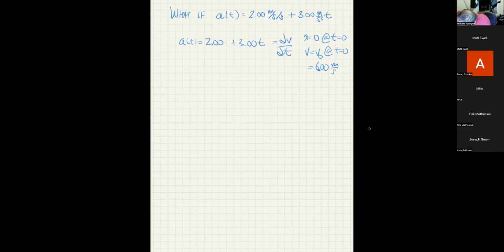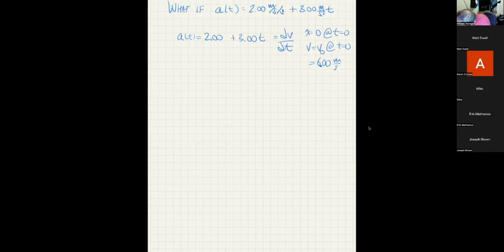We're going to say the integral of 2.00 plus 3.00 t dt is equal to the integral of dv over dt from t equals 0 to t. And this is from v equals 6.00 meters per second to V of t.